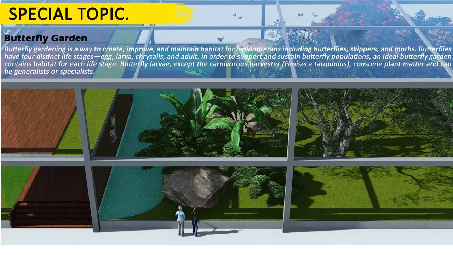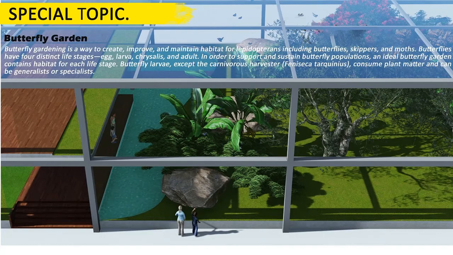So the butterfly garden is actually designed to create a habitat for butterflies, skippers and moths. The butterfly will be having 4 distinct life stages, such as the egg stage, the larva, the chrysalis stage and the adult stage. In order to support and sustain the butterfly population, the garden must be designed in a specific manner to create a butterfly friendly environment.